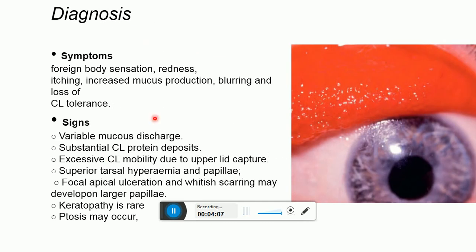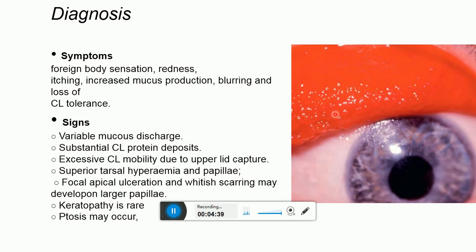Now the diagnosis of giant papillary conjunctivitis. There is foreign body sensation, redness, itching, increased mucus production, blurring, and loss of contact lens tolerance. Patients should be questioned about contact lens cleaning and maintenance. The signs are mucosal discharge, contact lens protein deposits, contact lens mobility, superior tarsal hyperemia and papillae.